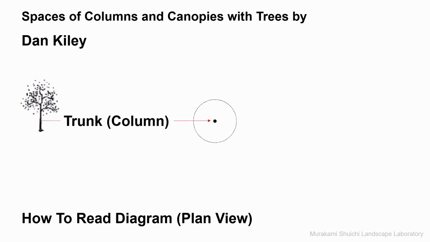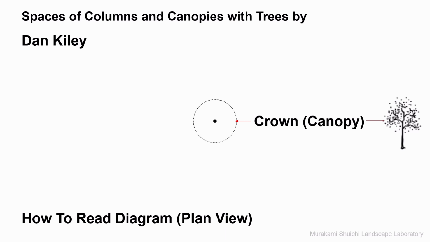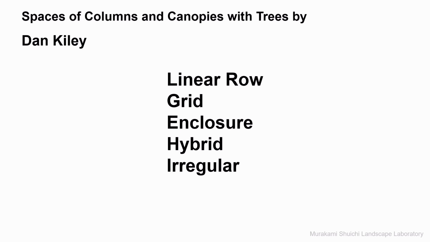The central dot represents the trunk of a tall tree, that is the column, and the surrounding circle represents the crown, that is the canopy. Kiley's works exhibit several patterns of tall tree arrangement: linear row, grid, enclosure, hybrid composition, and irregular layout. Let us now take a look at each of these patterns.